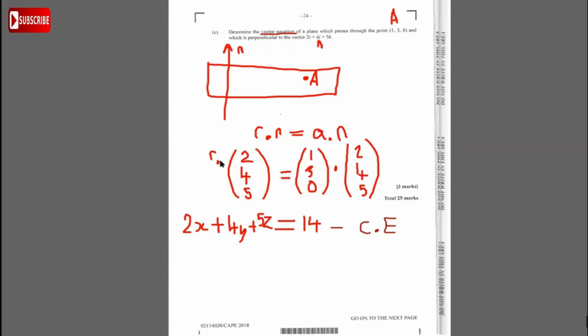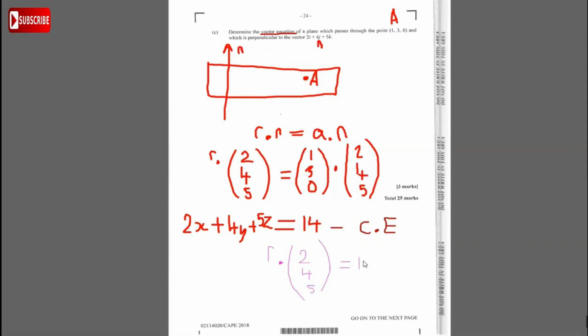So for the vector equation form, the best way is to leave it as r dot. Some persons like to leave it as the column vector. You can leave it as r dot 2, 4, 5 is equal to 14.